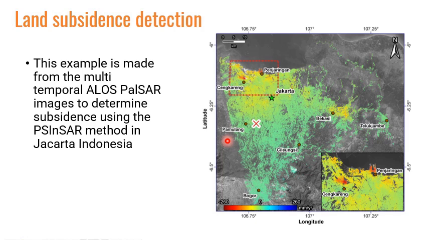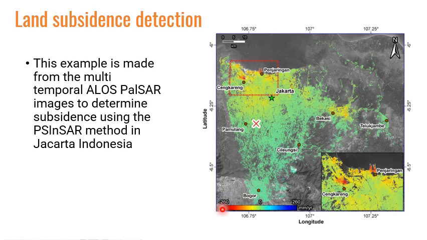There are many images, and one image is the master and the others are slave images to create the PSInSAR and detect the change. You see here the red spots are areas with minus value.